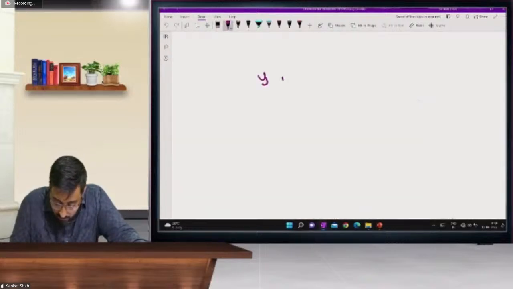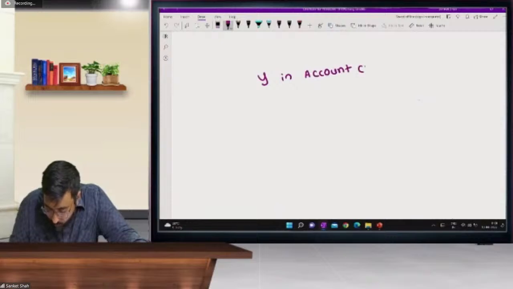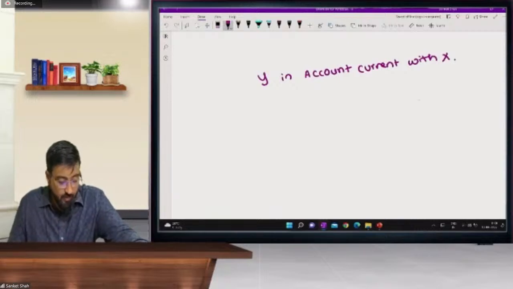Y in account current with X. Okay, so Y in account current with X.